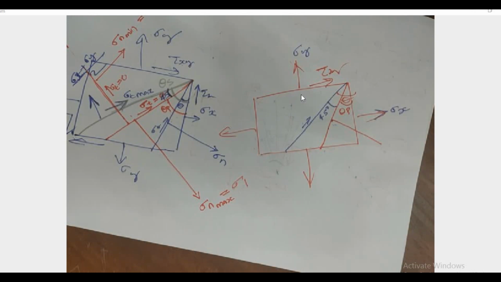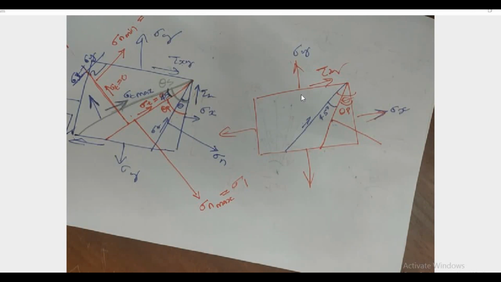Okay. So instead of using these 8 formulas, using these inputs, we can calculate the principal plane, principal stress, maximum shear stress plane, all those things using a graphical method. And that graphical method is called the Mohr circle method.